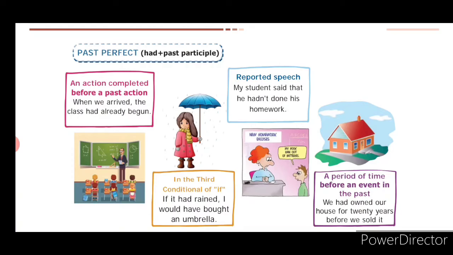Okay children, I hope you have understood the use of simple present, present continuous, and present perfect continuous tense. Then what is the use of simple past tense? Simple past tense is used for a past action, that is, an action which happened in the past.